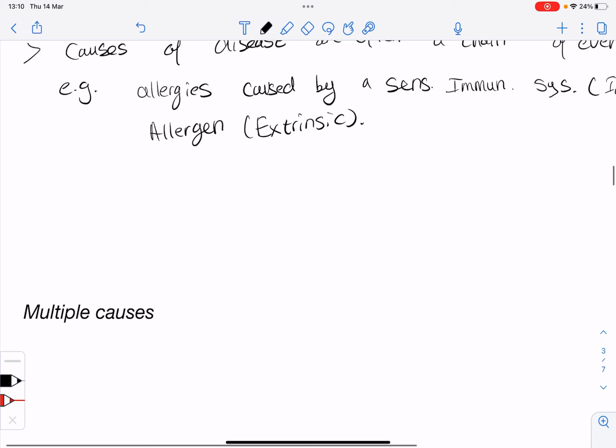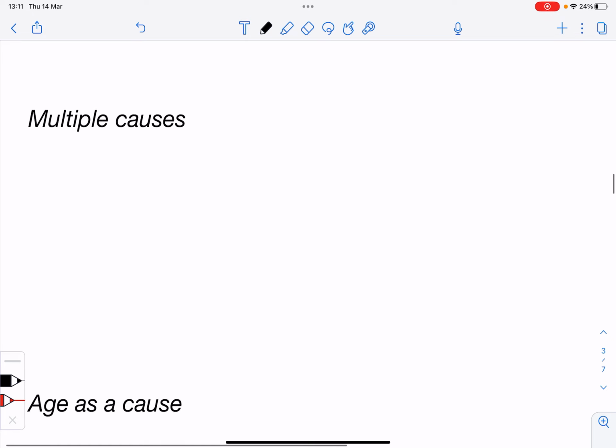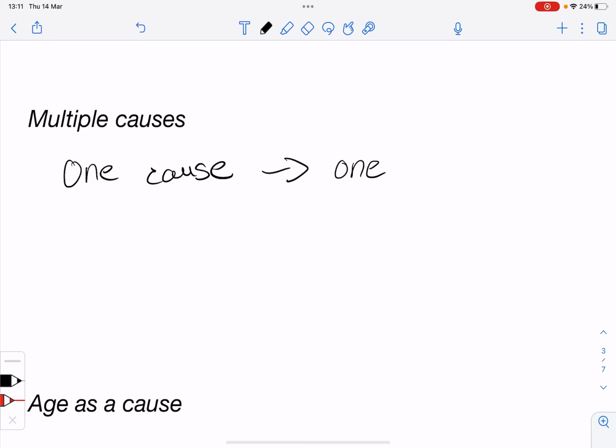So, moving on, there are multiple causes, as we already said before. Hippocrates thought one cause meant one disease, but that is not necessarily true. Many diseases are the product of multiple interacting factors.